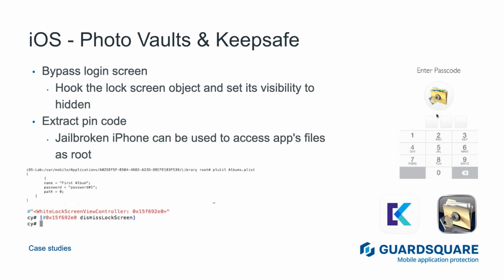You can see there are 3 boxes displayed, but originally there were 4. That confirmed for them they were in the right view, and then they could simply call the method dismiss lock screen, which would have been called if a correct passcode was entered. The lock screen just disappeared, and they had access to all the images and pictures that were in that safe.